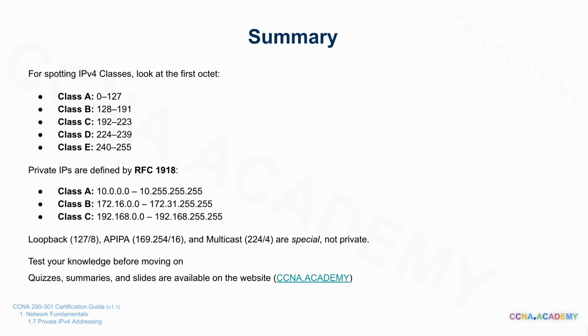And Class C ranges from 192.168.0.0 to 192.168.255.255. Remember, some ranges are special, not private, like loopback 127/8, APIPA 169.254/16, and multicast 224/4. Before moving on, take a quiz to test your understanding.